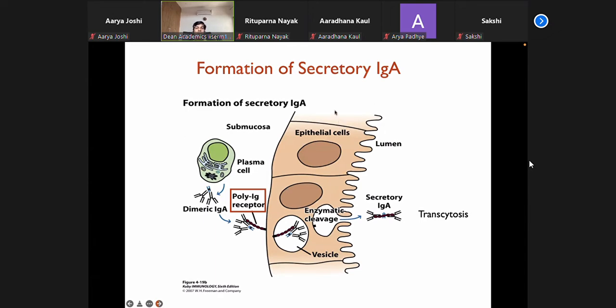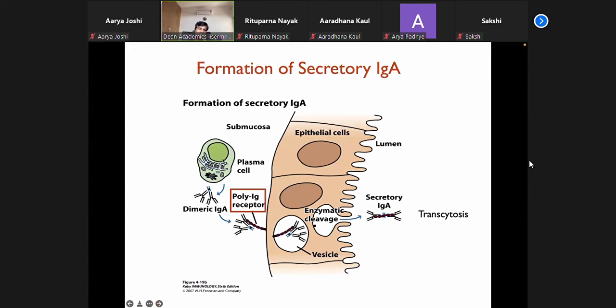Let's say you have this epithelial layer on this side, and the gut lumen. On the other side, you have the submucosa, where you have these B cells and activation of these B cells in Peyer's patches, underneath these M cells and so on and so forth. All these things are happening here.